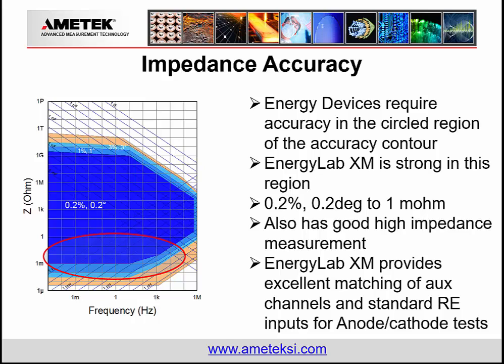The red circle here is really where the impedance is important for researchers in the energy field. Simply stated, if you have a high impedance battery, it's not going to be a very well performing battery.